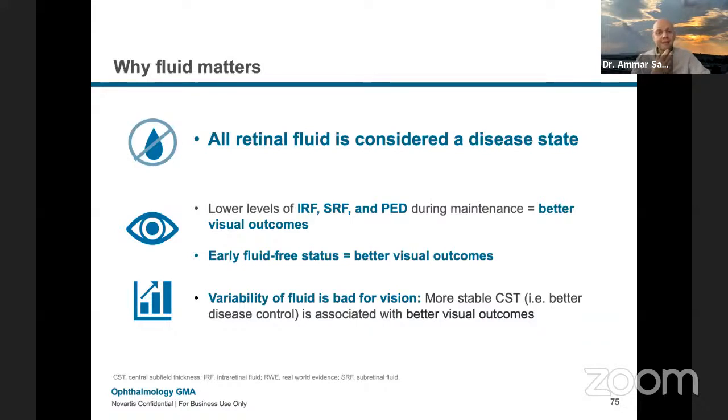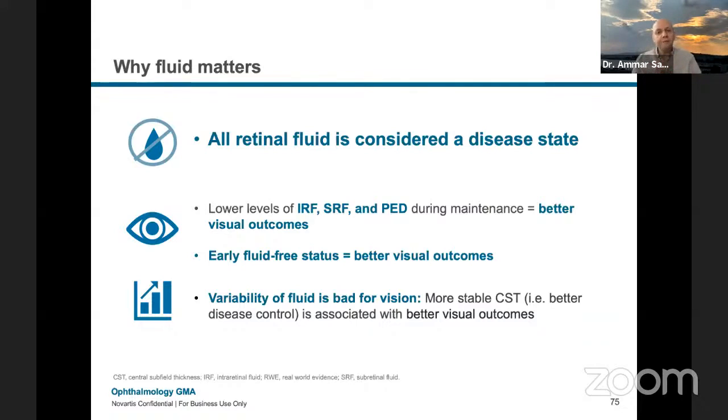But the idea here you need to understand is that the data we have looked at so far does prove that lower levels of fluid equal better vision, early drying up of the retina equals better vision, and less variability of the fluid also equals better vision.